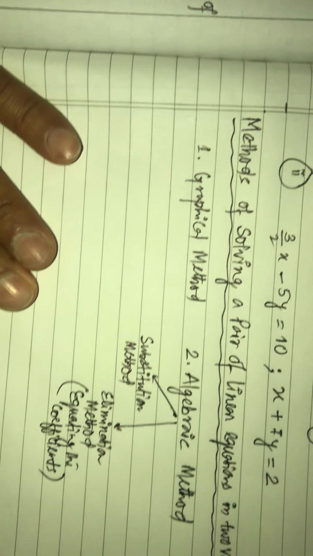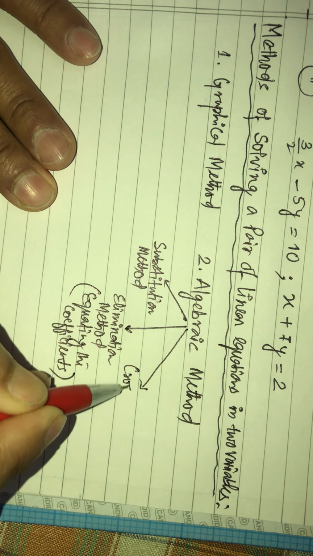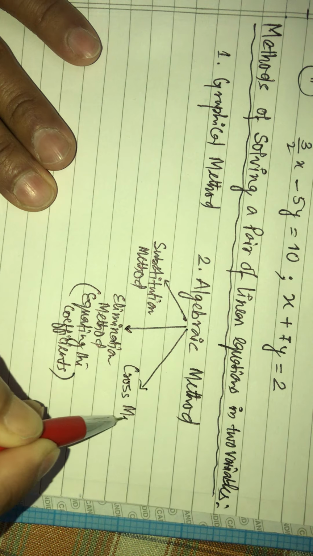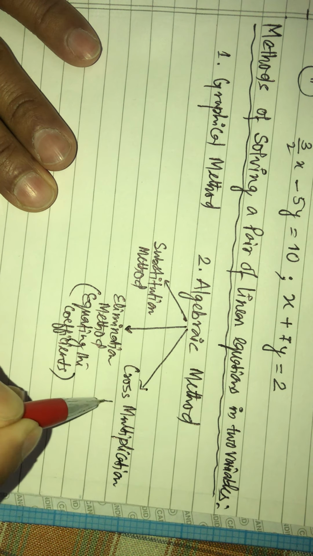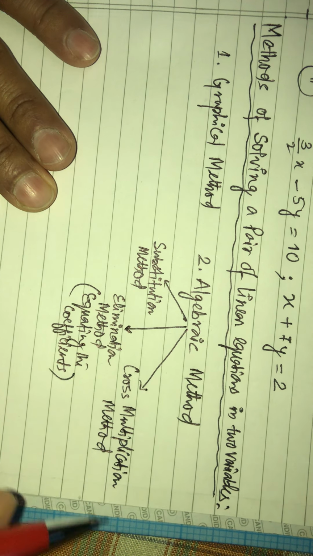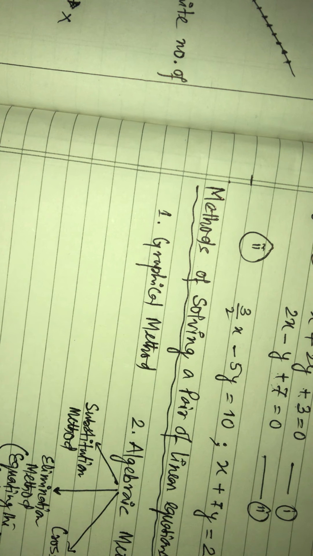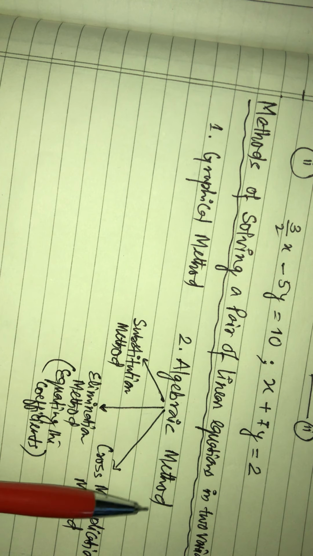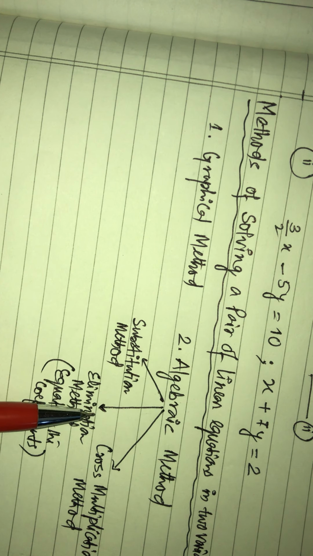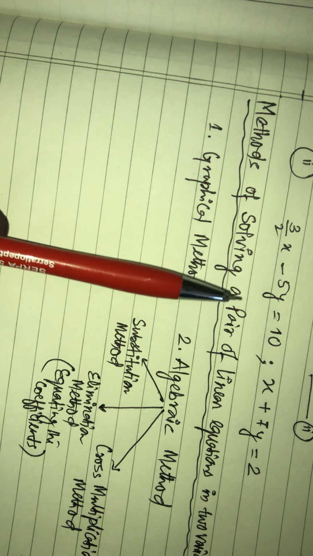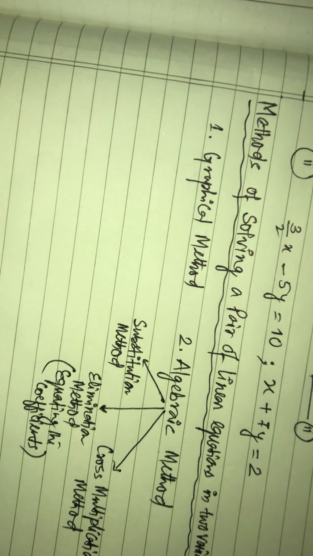And the third one is called the cross multiplication method. So these are the three methods which we learn in the algebraic method of finding solutions. These three methods are there to find the solution of a pair of linear equations algebraically. That's the meaning.